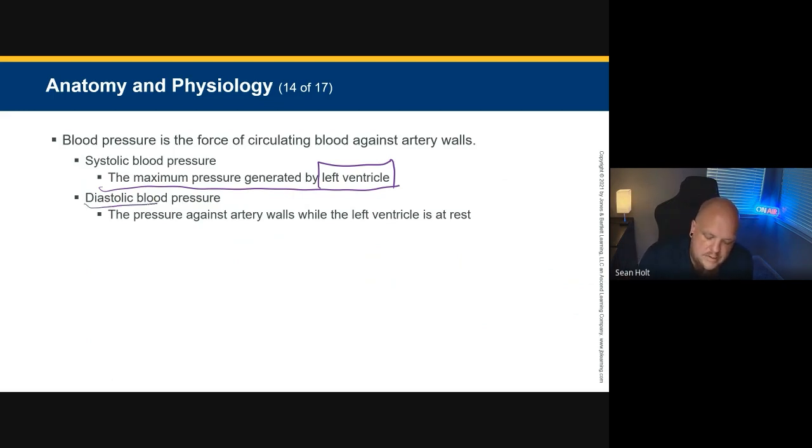So the diastolic blood pressure is that remaining pressure when the left ventricle is at rest, okay? When there's relaxation of the ventricles and they're refilling with blood, that's diastole, and that's when the heart muscle is getting its blood flow, its oxygen, okay?